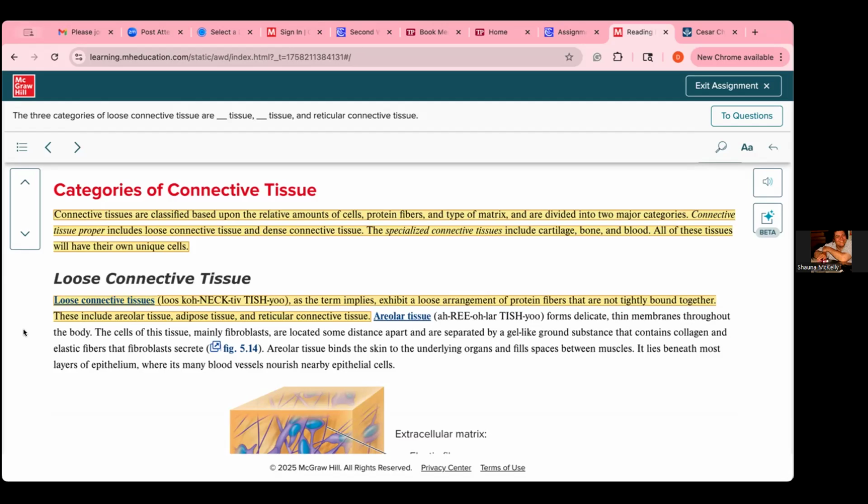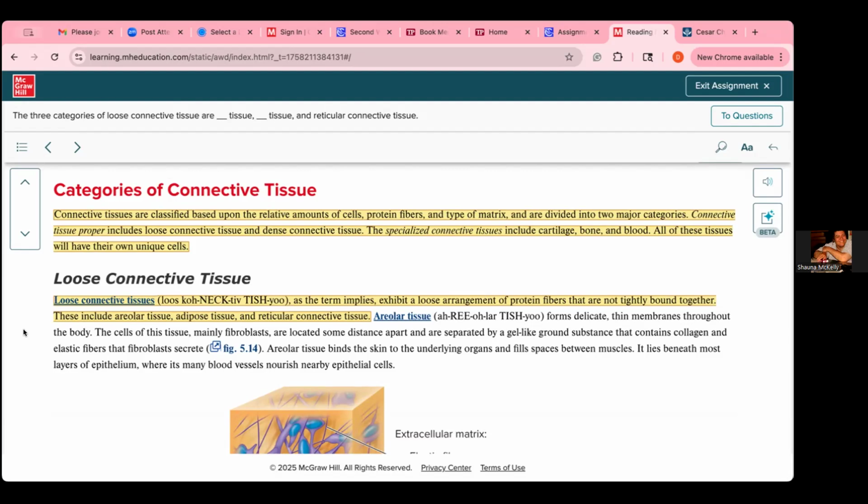Connective tissues are classified based on the amount of cells, protein fibers, and types of matrix, and are divided into two major categories. Connective tissue proper includes loose connective tissue and dense connective tissue. The specialized connective tissues include cartilage, bone, and blood. All these tissues will have their own unique cells.